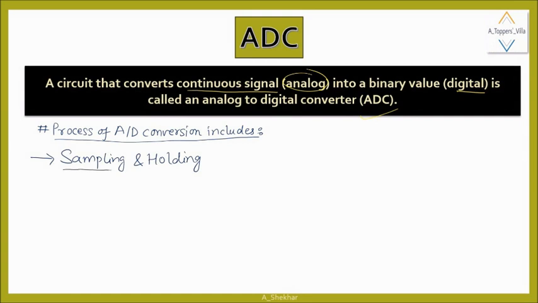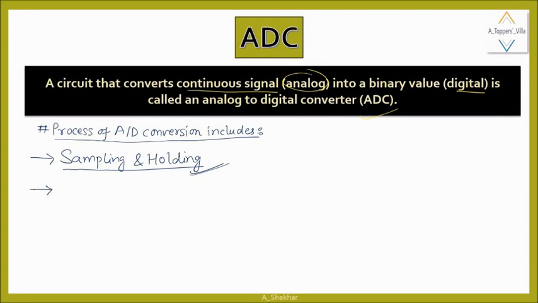The process of sampling and holding involves the band limiting of the analog signal, means setting some periodic sampling points and freezing the analog signal at sampling points so that the signal does not change for the duration of conversion. So sampling and holding is an important primary step for the process of analog to digital conversion.